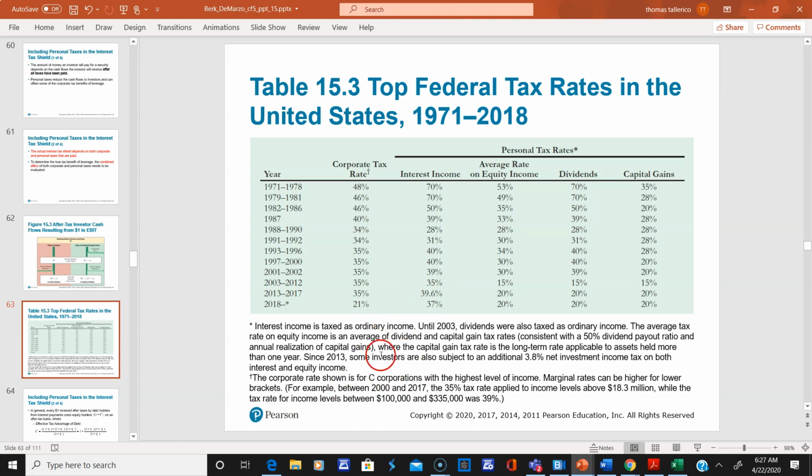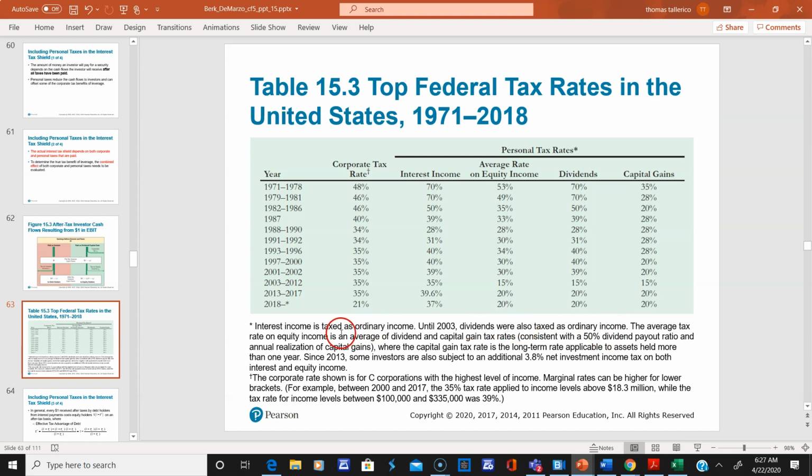They give an explanation of what each is here. Interest income is taxed as ordinary income. Until 2003, dividends were also taxed as ordinary income.